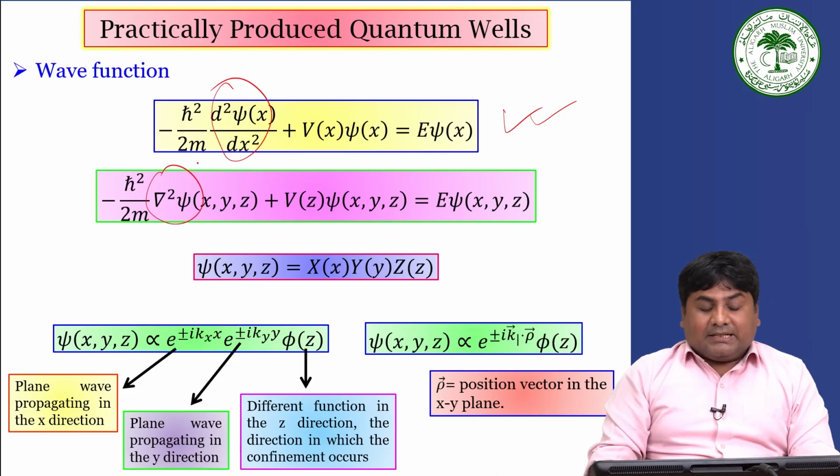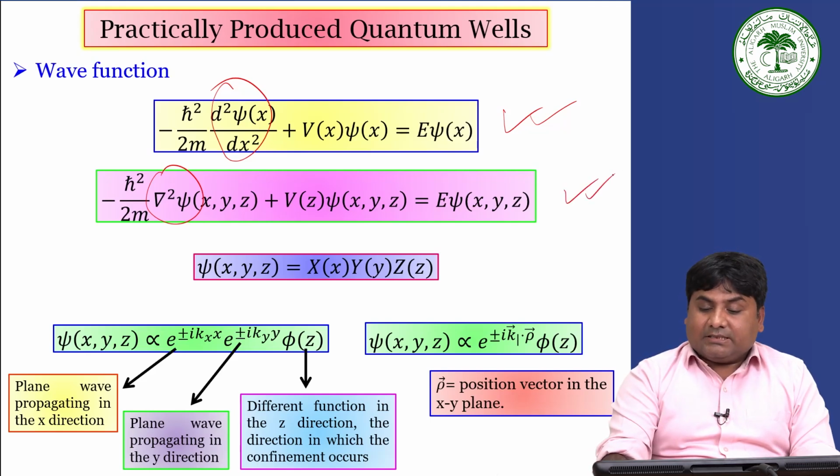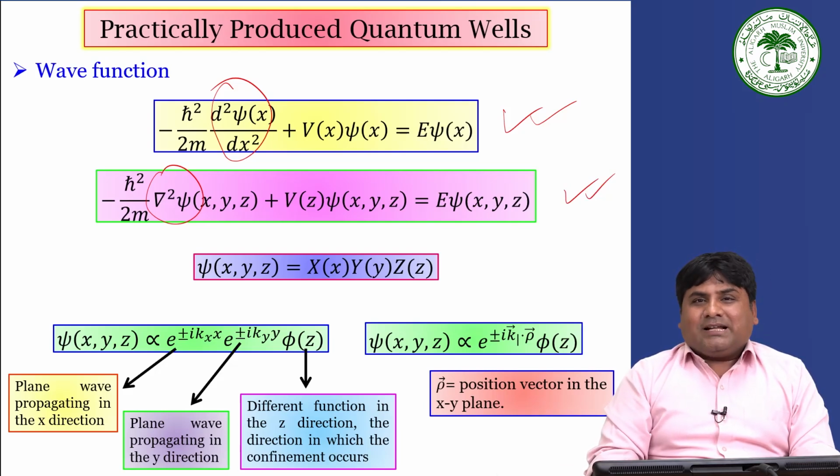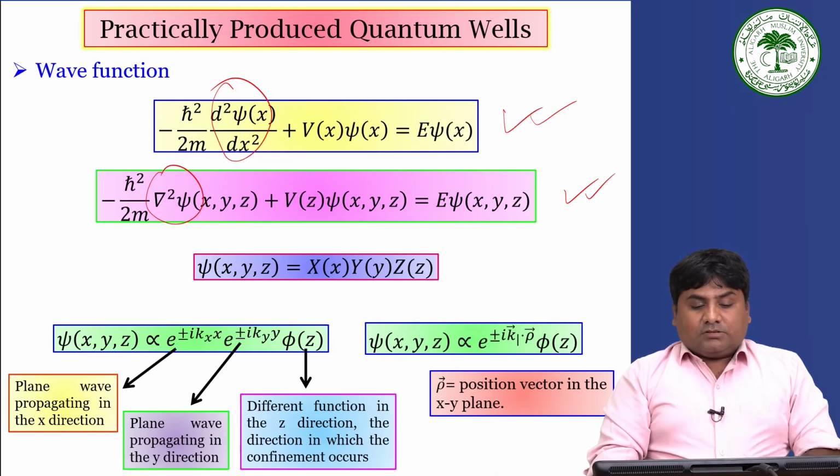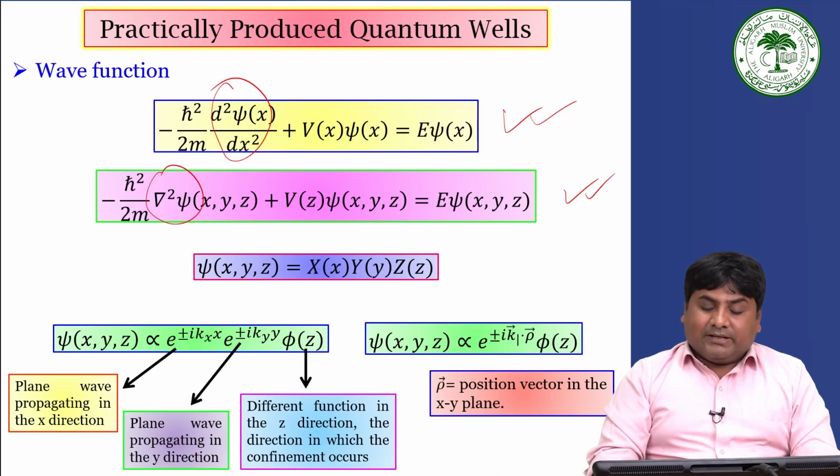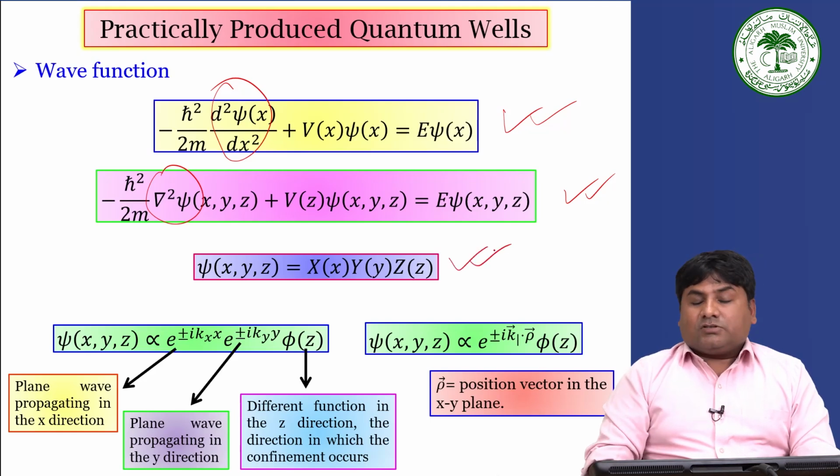So this is minus h cross squared by 2m delta psi(x,y,z) plus V(z) psi(x,y,z) equal to E psi(x,y,z). This is the typical equation for this heterostructure quantum well. And you also know how to solve this 3D wave equation: you apply the separation of variables.